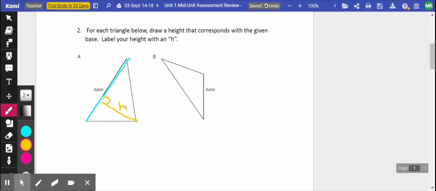So that is what the height of that triangle will look like. For triangle B, if this is the base, then the height needs to go from the opposite angle straight down to make that right angle. So in this case, we need to extend the base of the triangle in order to be able to have the base meet the height. And so that's going to be the height.